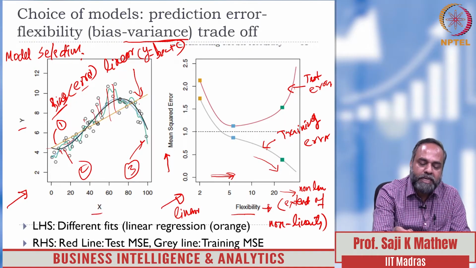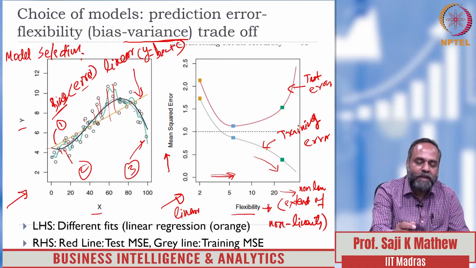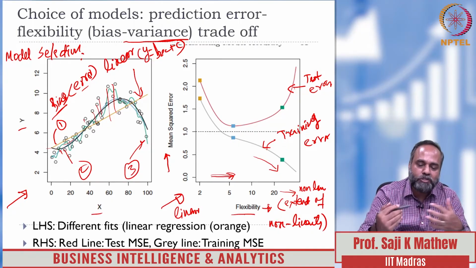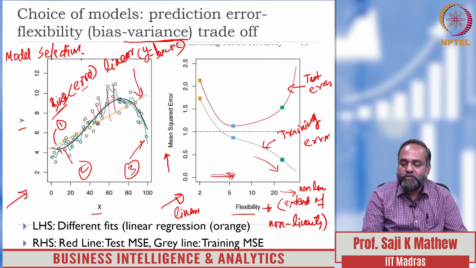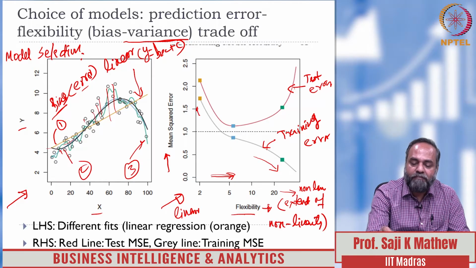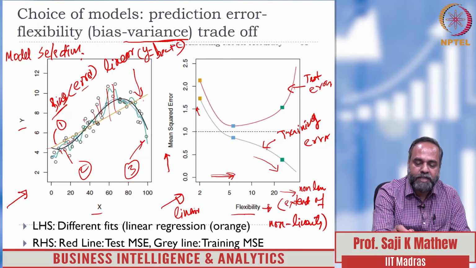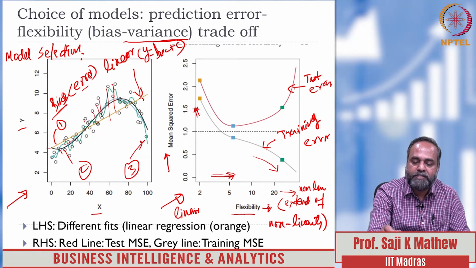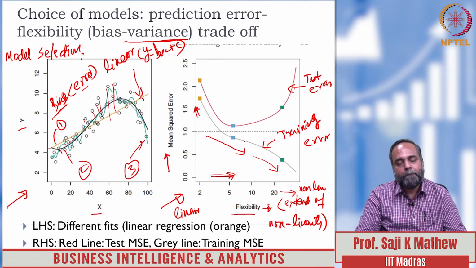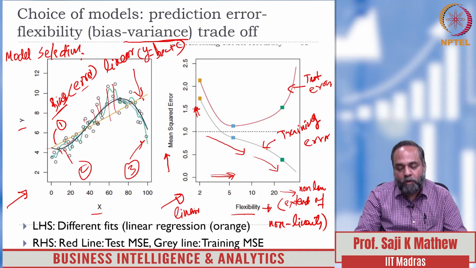Whereas if you look at a linear model, there is a lot of error, because it is not flexible and is not passing through different points. So the training error is relatively high when the model is linear, but when you increase its flexibility, the training error goes down.